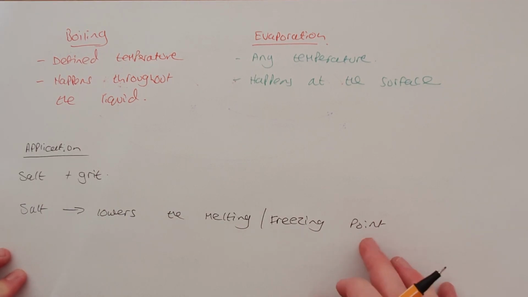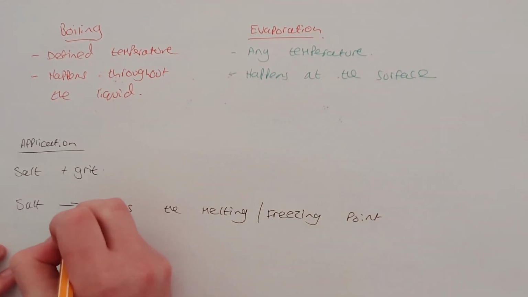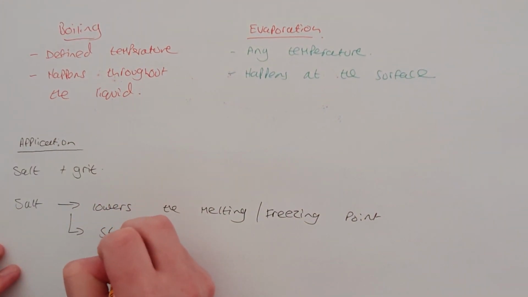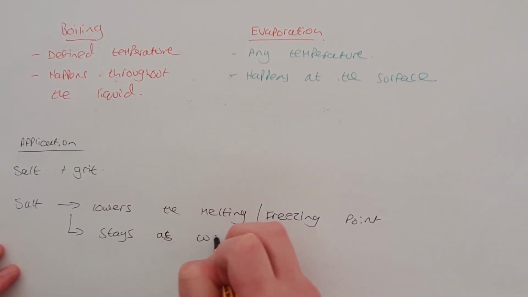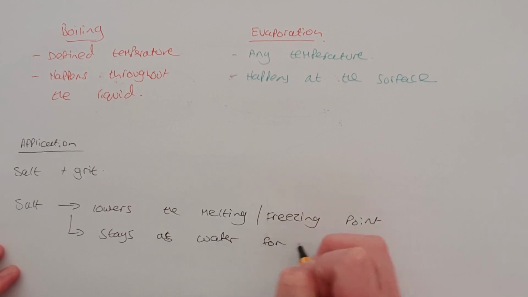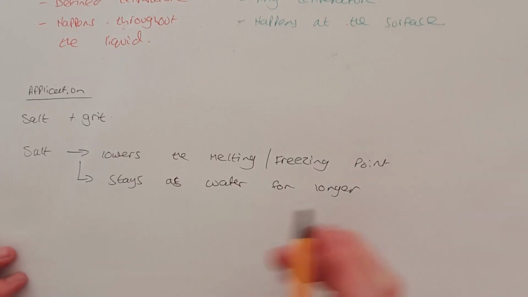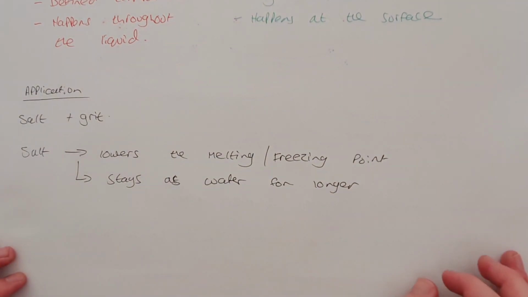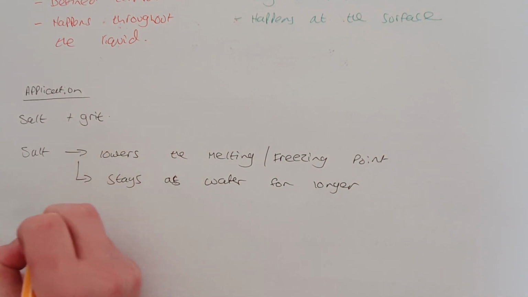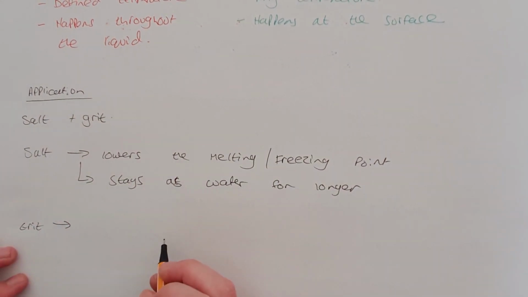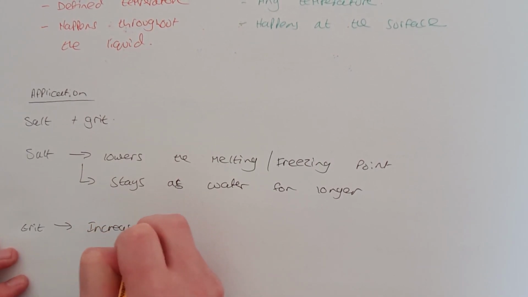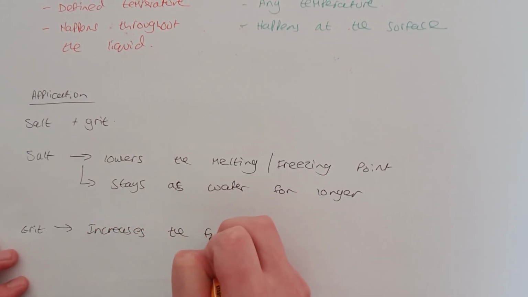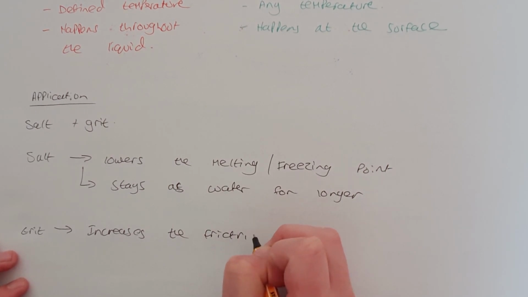So it lowers the melting and freezing point. That means it stays as water for longer. However, because we've got lots of surface water now, we have to add grit. So if we add grit, this actually increases the friction between the road and the tyre.